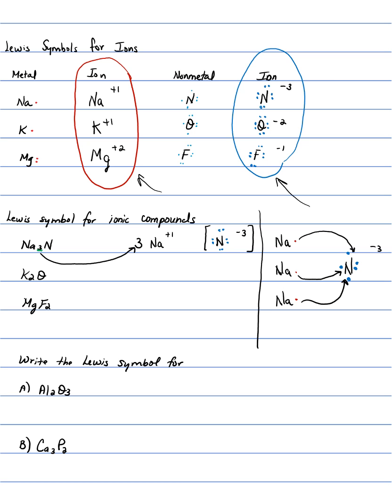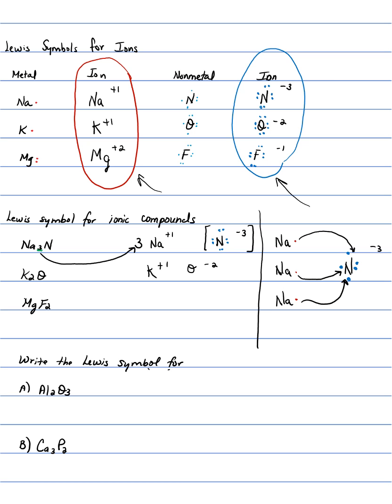So I'm going to write down the Lewis symbol of the second one very quickly. You have potassium. Potassium is in group 1, so the ion of potassium has a charge of +1. You have oxygen in group 6 with a charge of -2. And if it has a charge of -2, it means that it's going from 6 to 8 electrons.